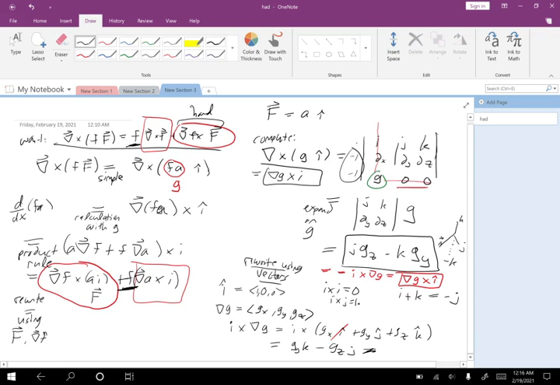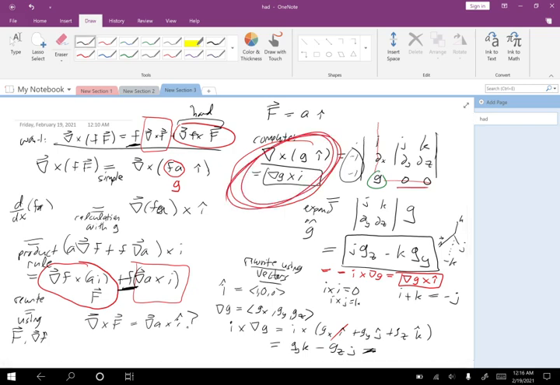So these should correspond to the same thing. So is it true that the curl of capital F is gradient A cross i? It actually is true, because that's exactly what we did up here. Because remember, F is just Ai. So if I plug in A for G, I surely should get this. So therefore, we have established what we wanted to show.